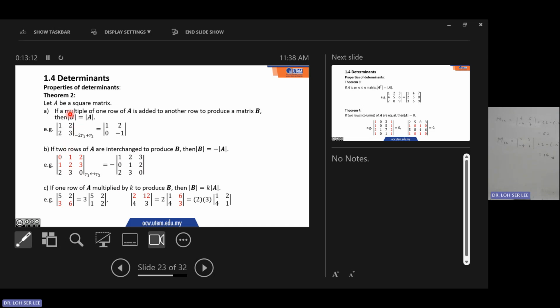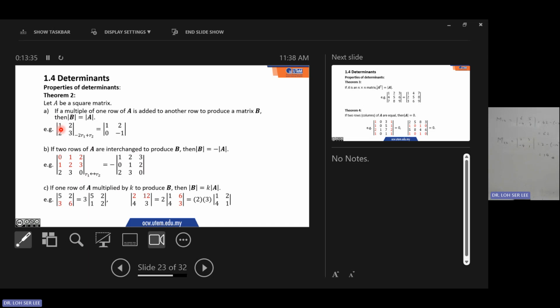And the next one, we can multiply any constant to one of the rows and add it to another row. This is a command: negative 2R1 plus R2, meaning all entries from row 1 will be multiplied by negative 2.